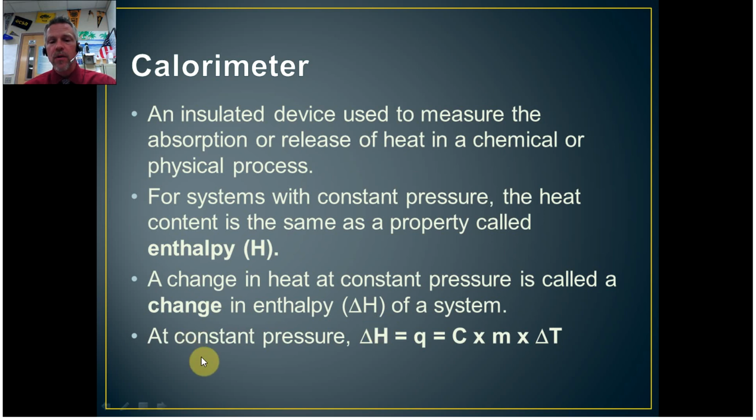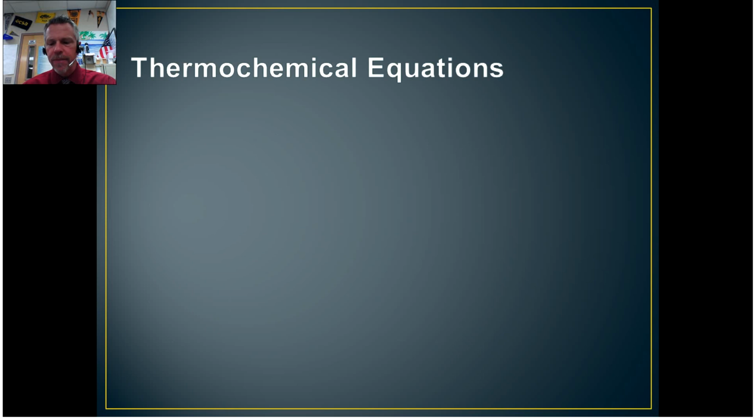We learned that Q equals C times M times delta T, or Q equals the specific heat times the mass times the change in temperature. Now I'm telling you there's a new label for the same thing. We're now going to call it delta H. If it's a constant pressure system, then delta H equals Q.